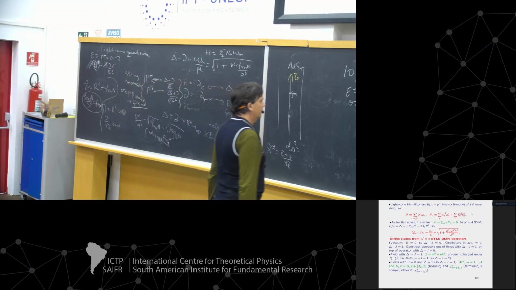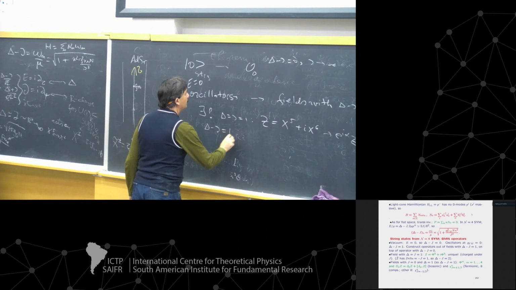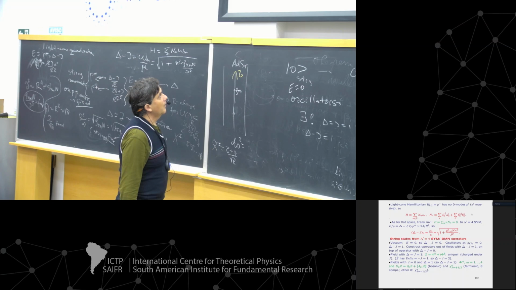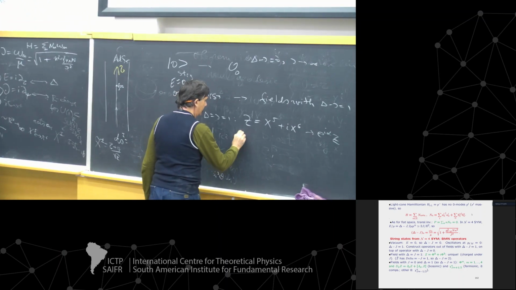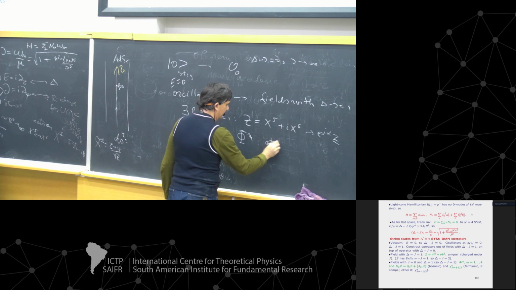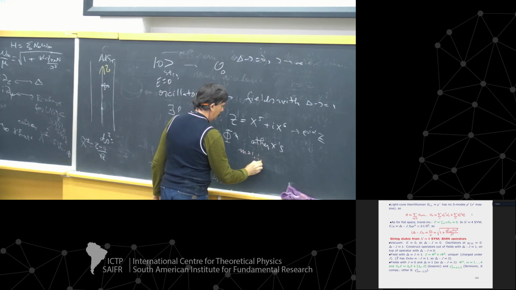And then with delta minus j equal to 1, I can construct several objects. So things that I'll call phi m, which are the other x's. Let me call them 1, 2, 3, 4.